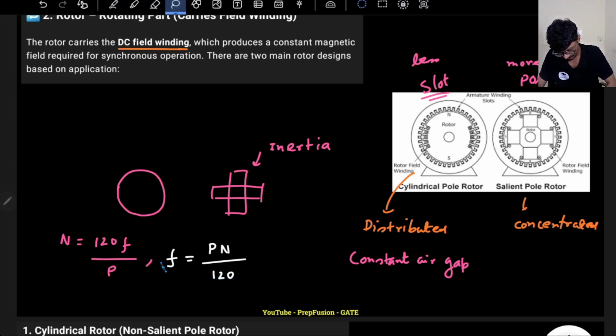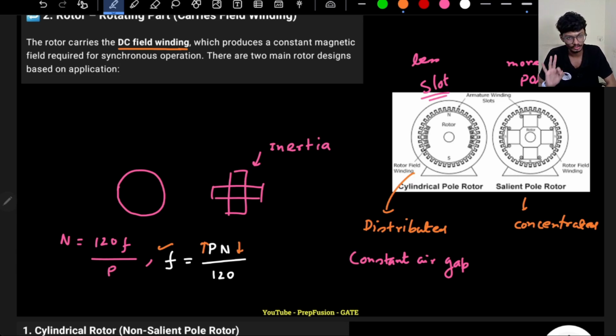This is what my f equals. Now if you understand this carefully, if I am generating something, frequency must be fixed. If frequency is fixed, and for a salient pole rotor I can have more poles, then the speed has to be lower.